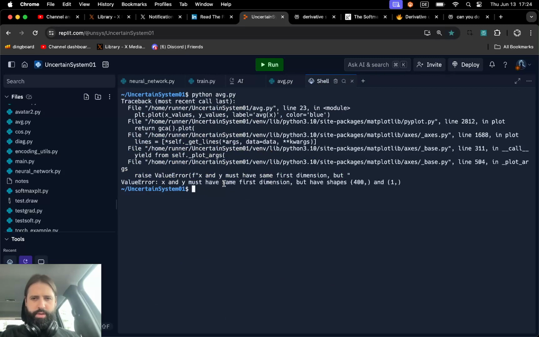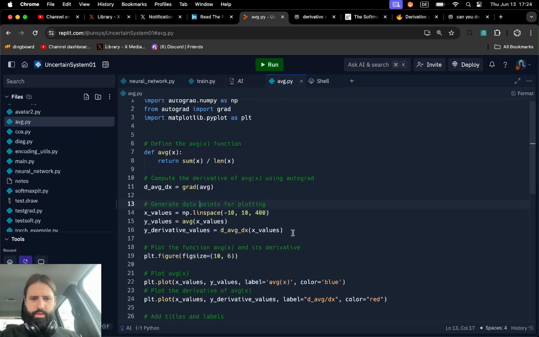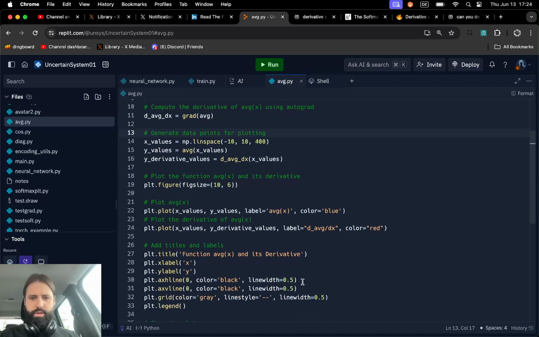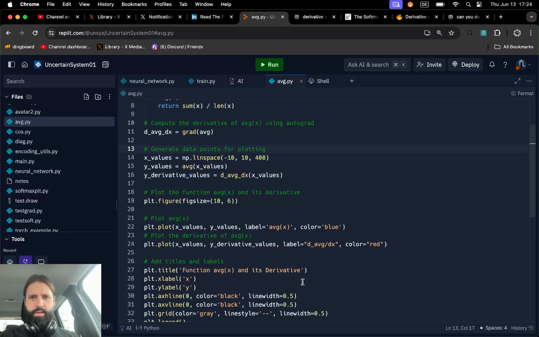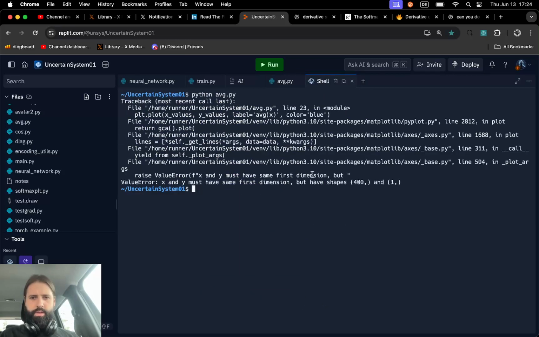X and Y must have the same first dimension. I don't get it. But has shapes 400 and 1.